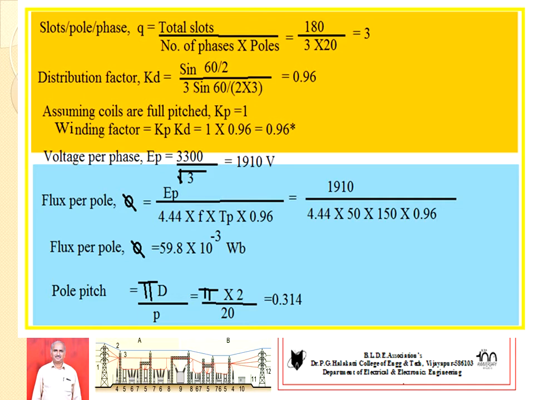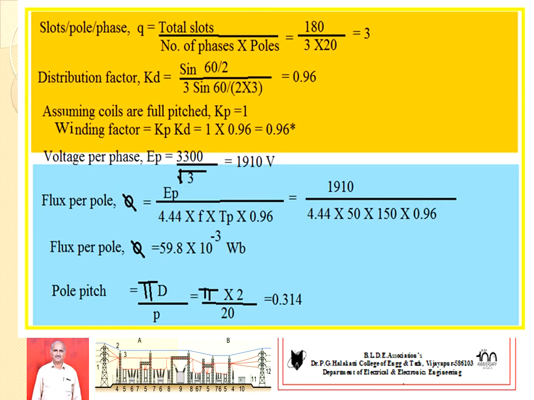Substitute the value, we get 0.96. Then slot condition is not given. Angle of chording or short pitch winding is not given in any condition. Hence, we have to assume coils are full pitched. Hence, winding factor equal to Kp into Kd. So finally, winding factor equal to 0.96.